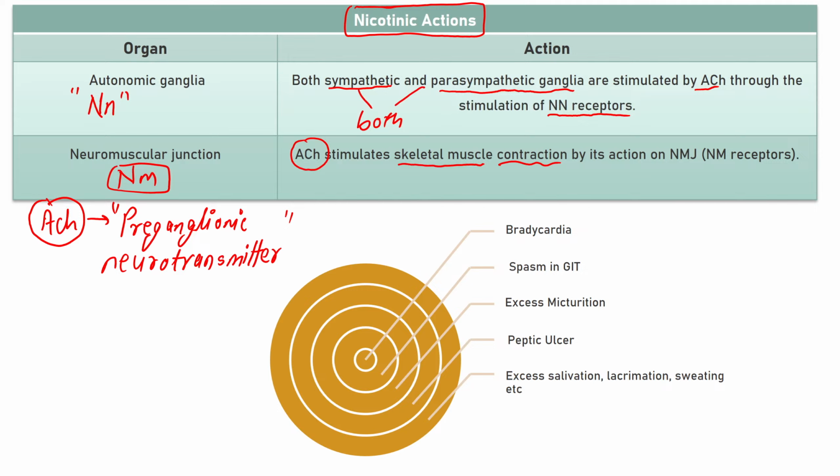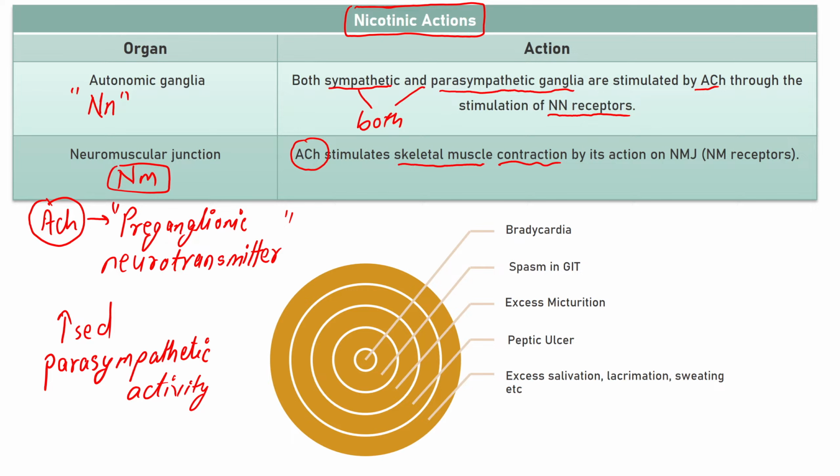So what can be some of the side effects? If there is increased parasympathetic activity, what can be the possible additional effects or side effects? There will obviously be an extension of the actions of the cholinergic receptors.